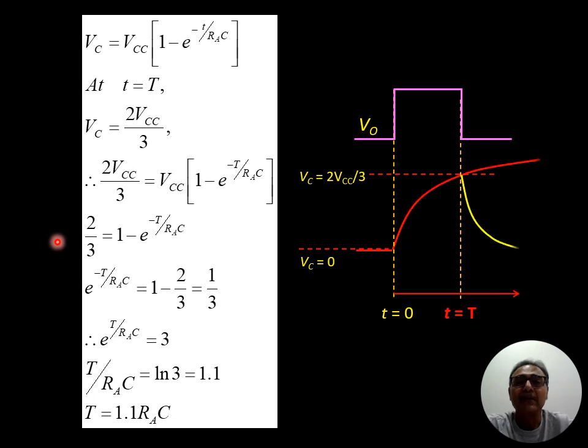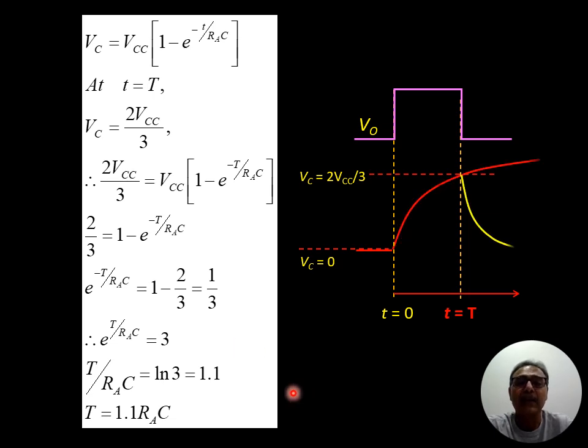If we modify this equation, we can write it as e raised to minus T upon Ra into C equal to 1 minus 2 by 3, which is equal to 1 by 3. If we take inverse on both sides, we can write e raised to T upon Ra into C equal to 3.